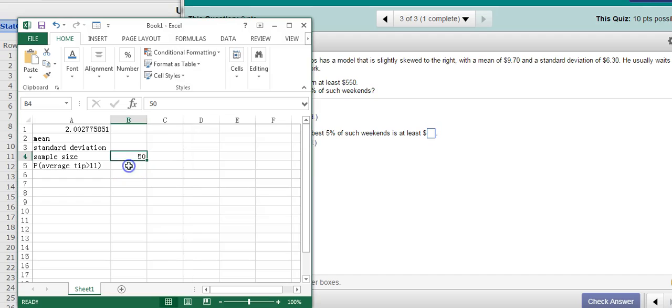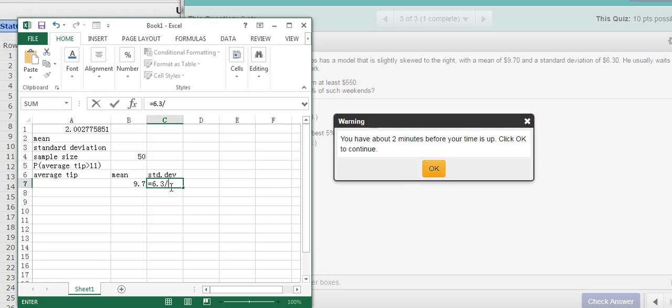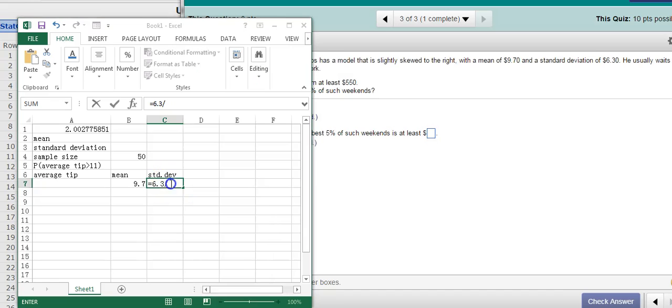The distribution for the average tip will have a mean equal to the original one, and the standard deviation is the original standard deviation, 6.3, divided by the square root of the sample size, which is 50. So we get the standard deviation and the mean for the average tip.